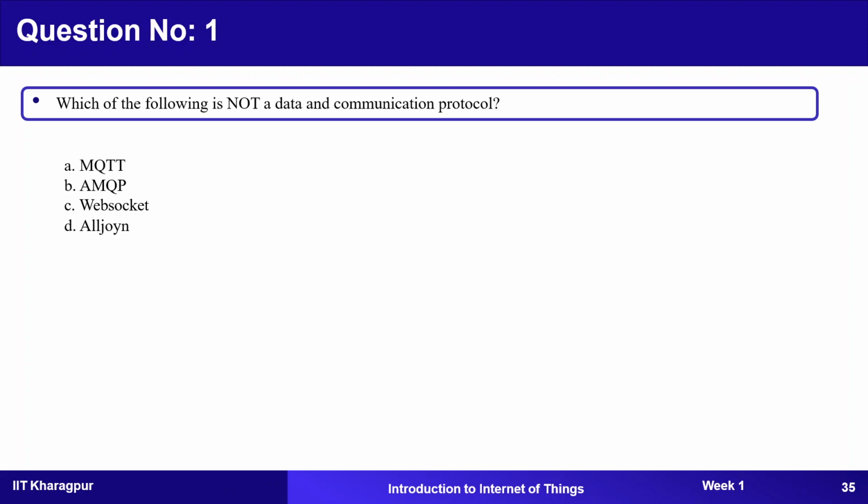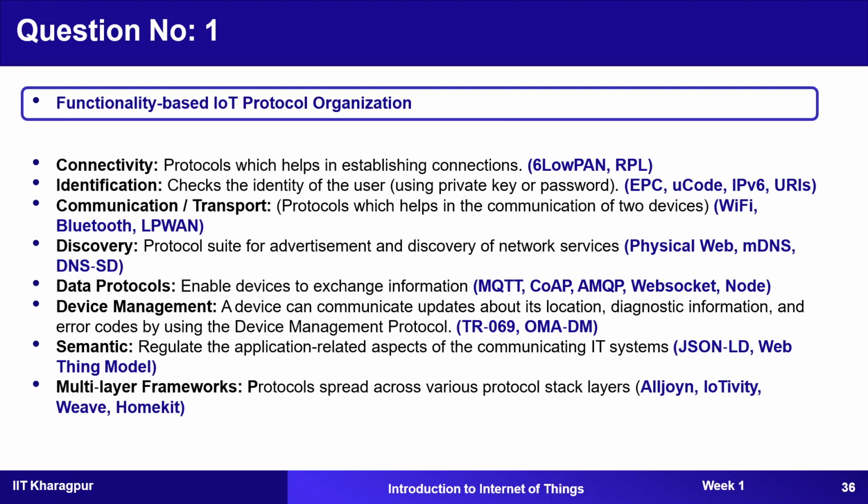LON. Yeah, right. So basically your MQTT, AMQP and WebSockets are your data and communication protocol. However, your LON is your multi-layer protocol.